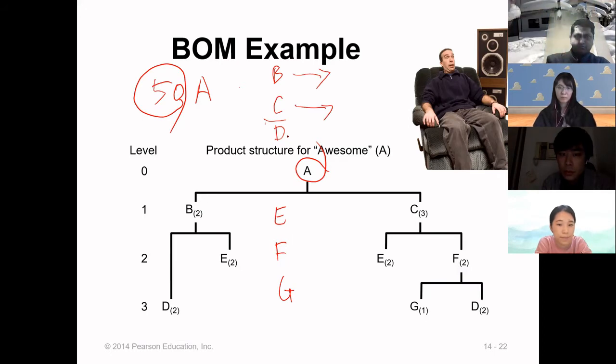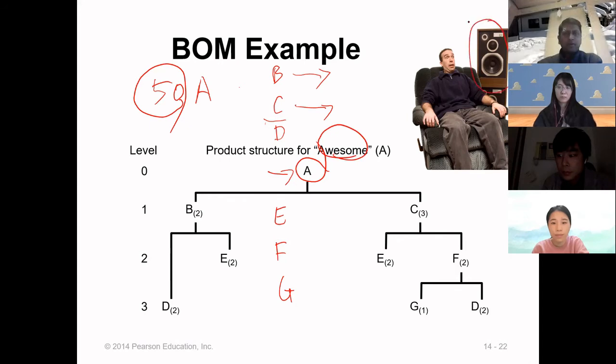Jacob, how many B do we require in order to produce 50 A's? We are going to produce 50 of awesome. Awesome is the amplifier.